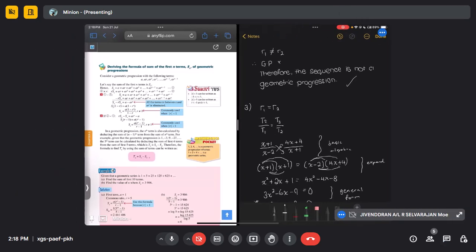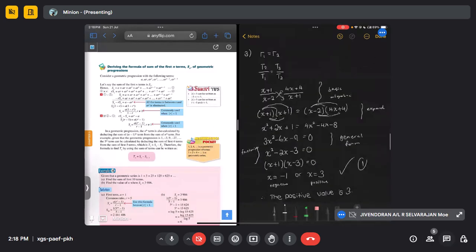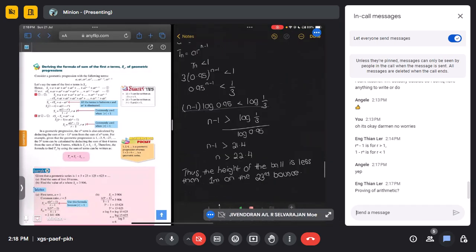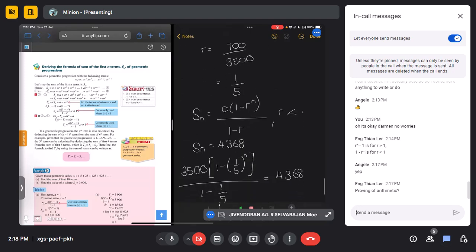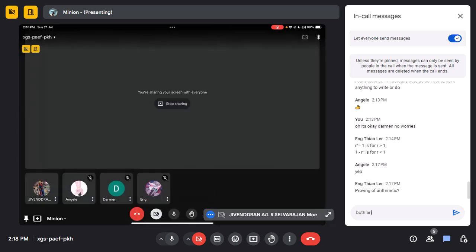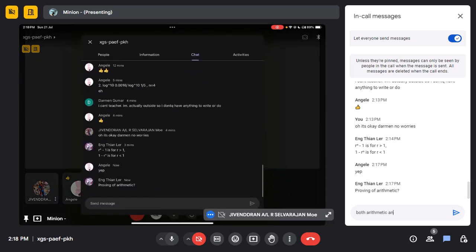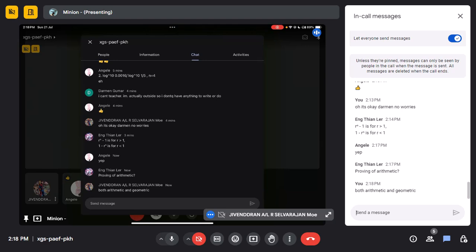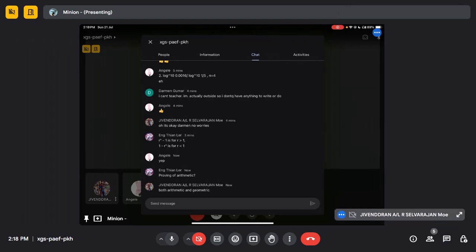So I was thinking, deriving the formulas for progression, that will be done next week. Is that okay? If we do it next week, I can do both arithmetic and geometric.